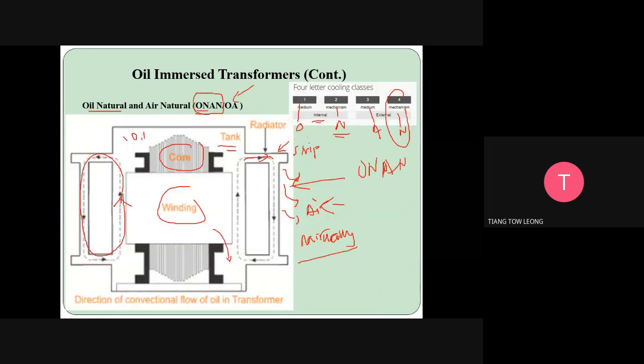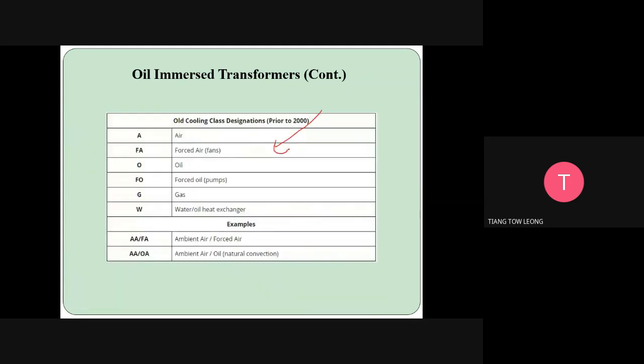This is how we define ONAN and how we apply it.